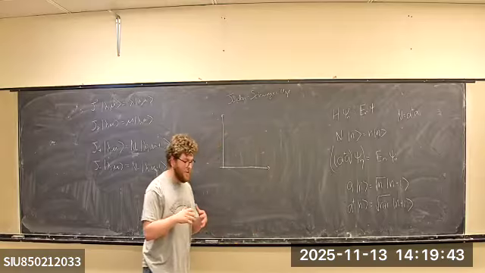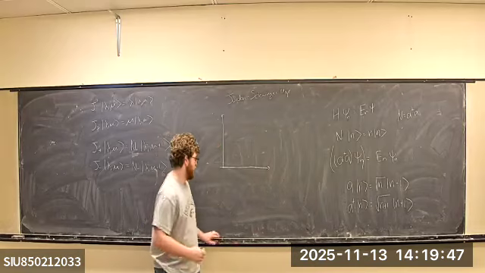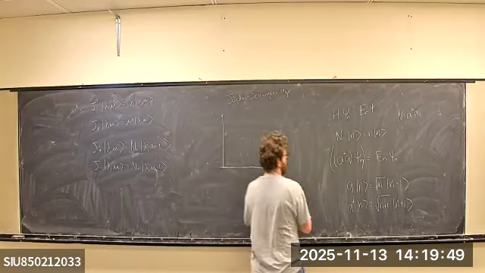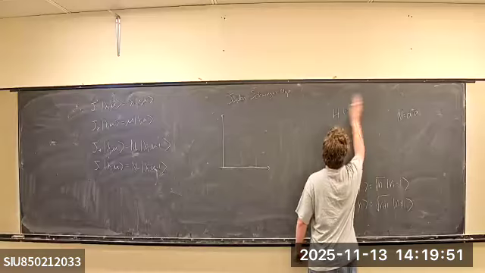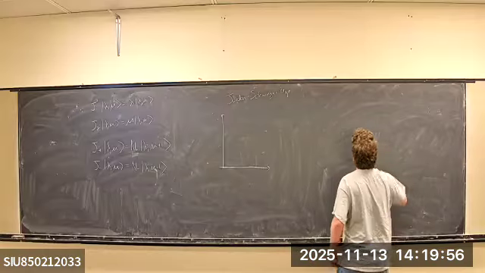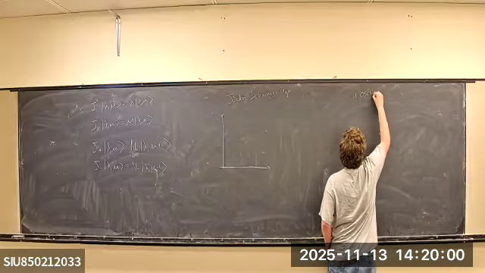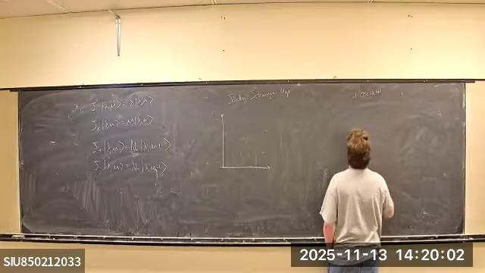I want to talk now about two harmonic oscillators. These are going to be disjoint. So what does that mean specifically? I want to have an A oscillator that acts in the following way.